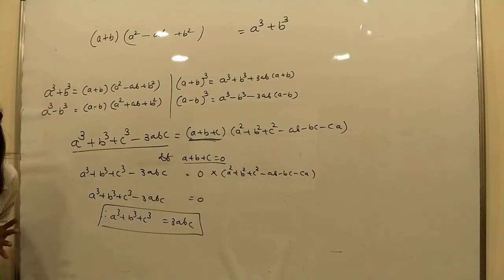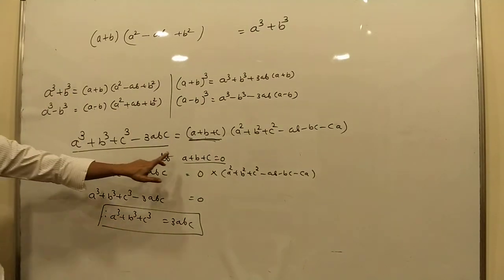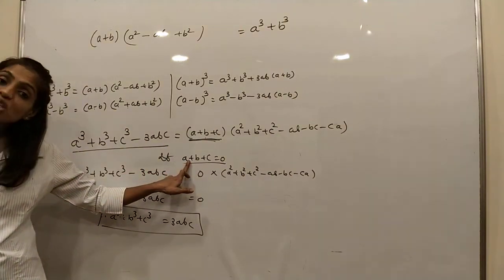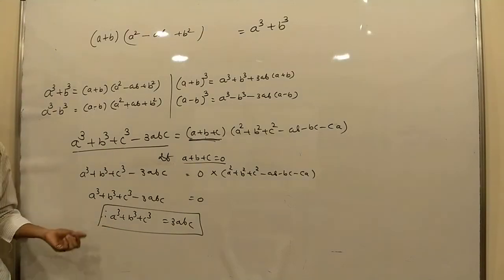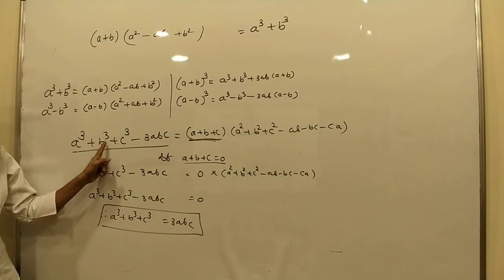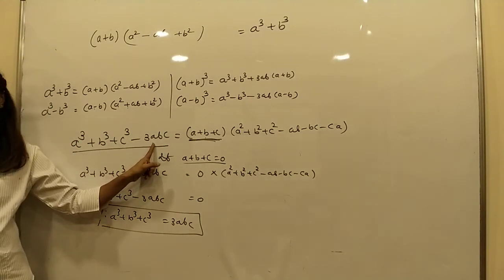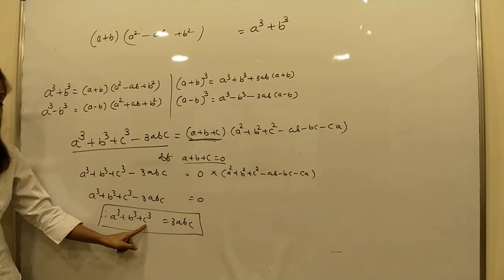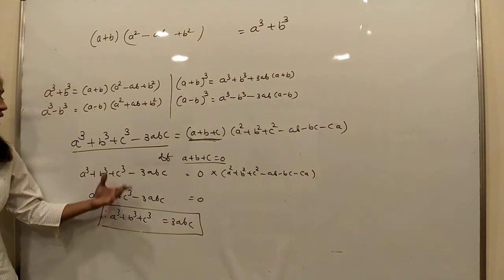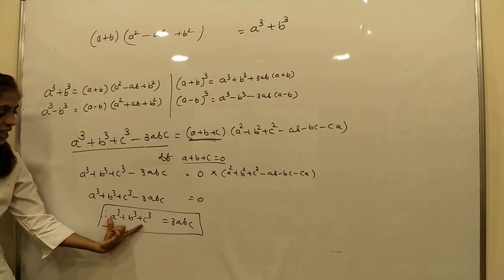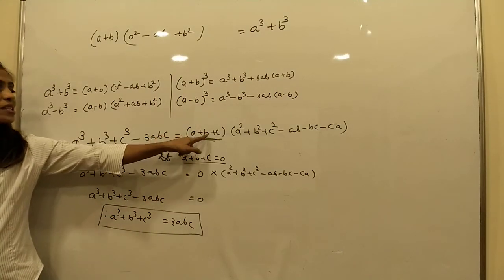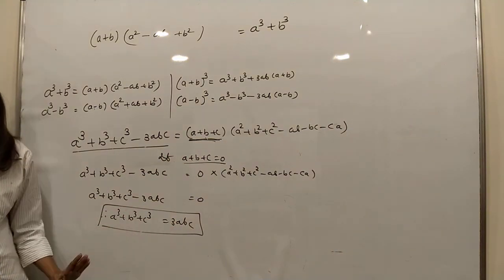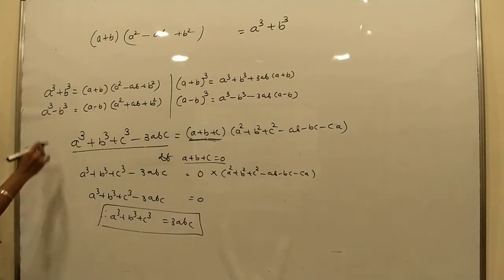But this is when a plus b plus c equal to 0, then and only then this is applicable. Else it is the formula of a cube plus b cube plus c cube minus 3abc. It is not the formula of a cube plus b cube plus c cube, it is the formula of this. But when is this formula applicable? Only when a plus b plus c is 0, then 3abc can be taken to this side, only then this formula is formed. Now how many formulas are done?